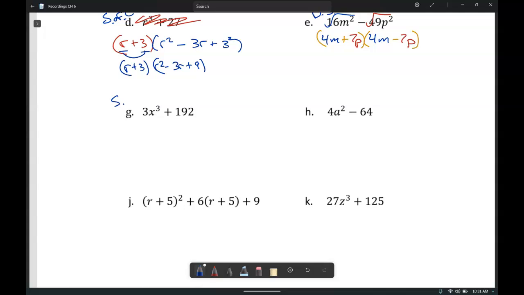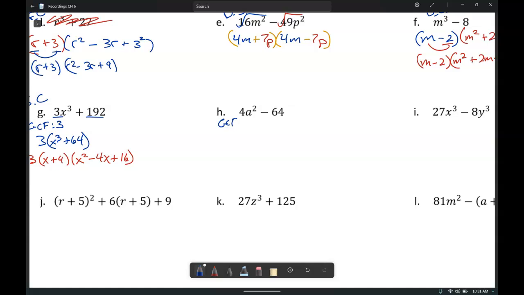Looks like it should be a sum of cubes, but I can't cube root either of these. Notice we have a GCF. Once we factor that out, now we have our sum of cubes. We cube root the two terms, square the first, minus the product of the two, plus the square of the second.